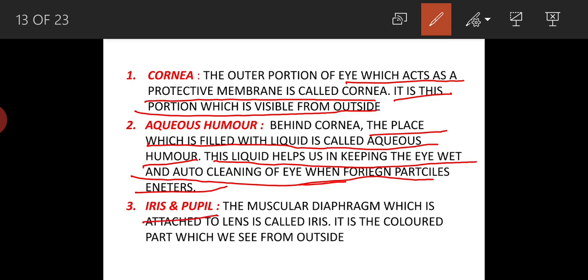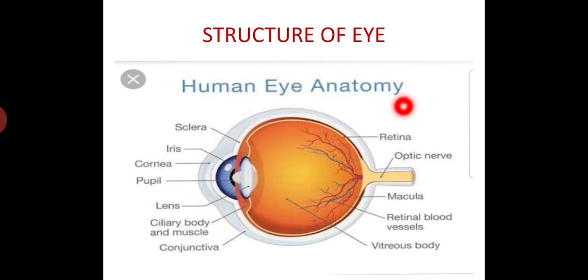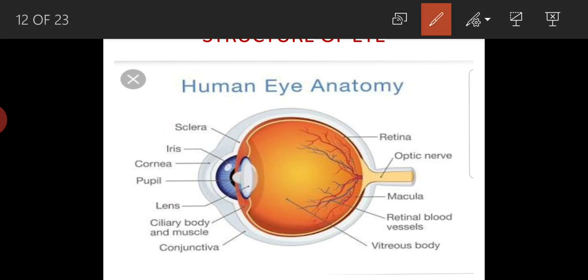Next, iris and pupil. The muscular diaphragm which is attached to the lens is called the iris. It is the colored part which we see from the outside. So this colored part is called iris. It is a very thin membrane called a diaphragm, and it will have a small hole in it.